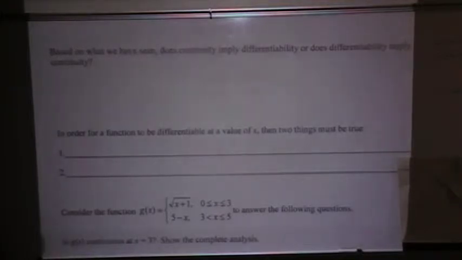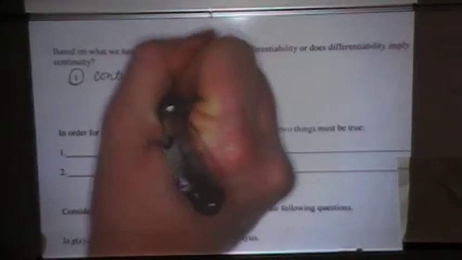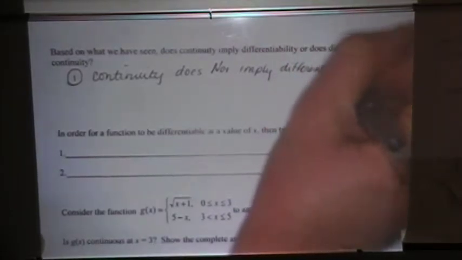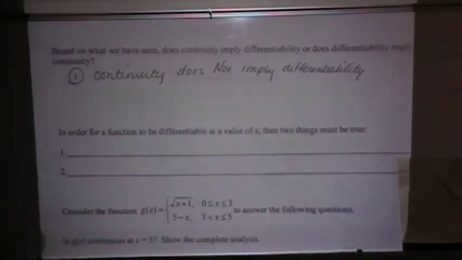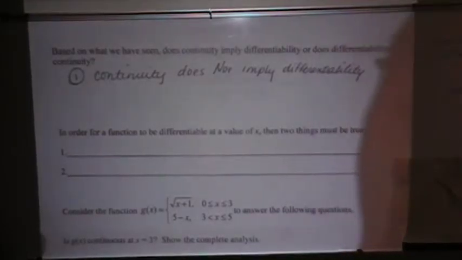So the first thing is, continuity does not imply differentiability. As we saw in those last two, they were both continuous, but neither one of them could be differentiable. This is the reason why.